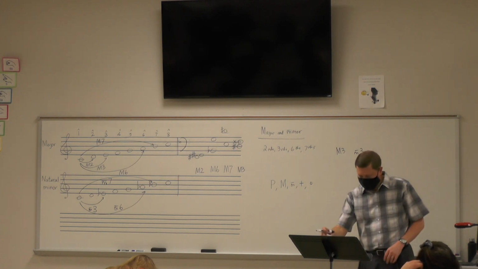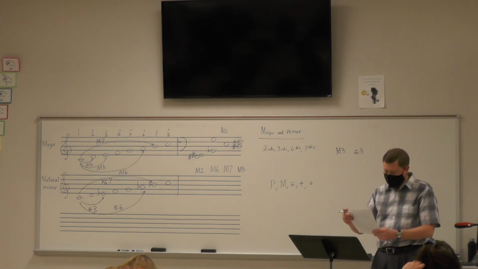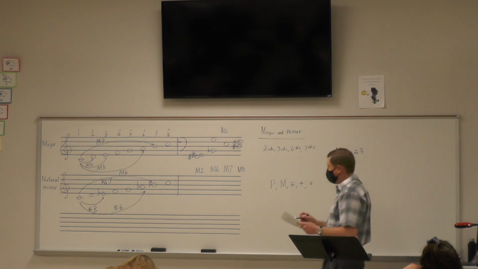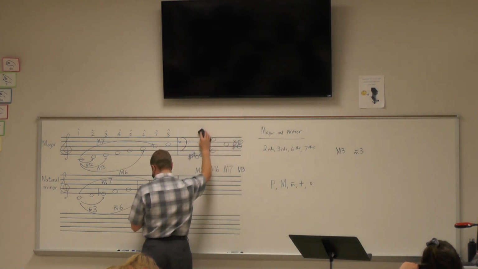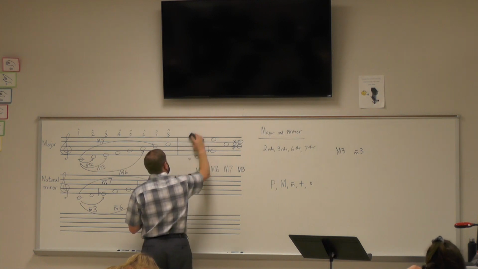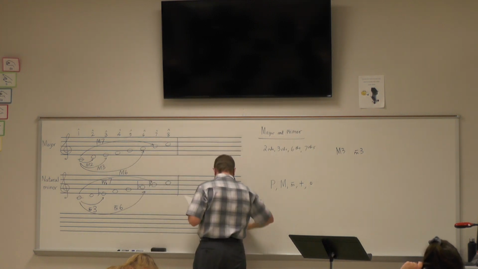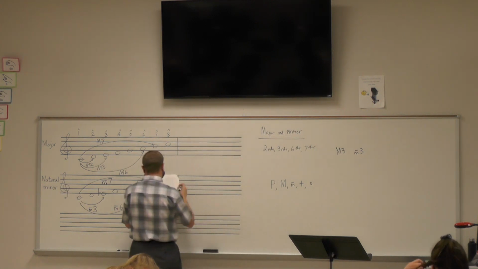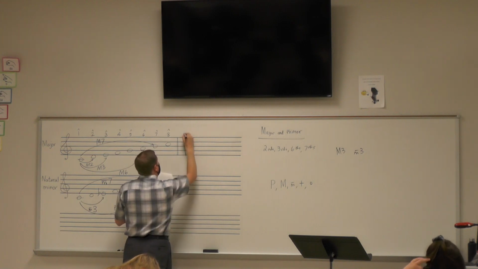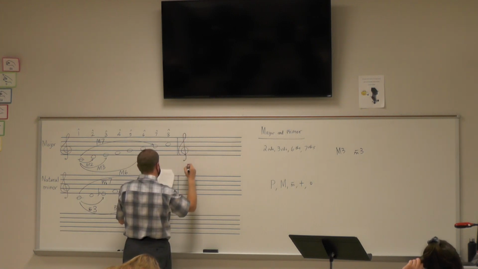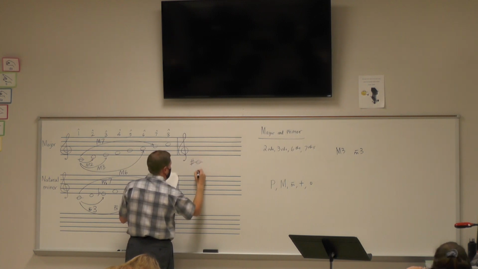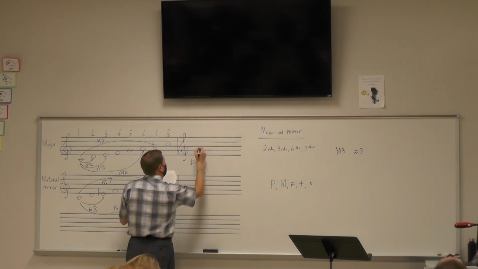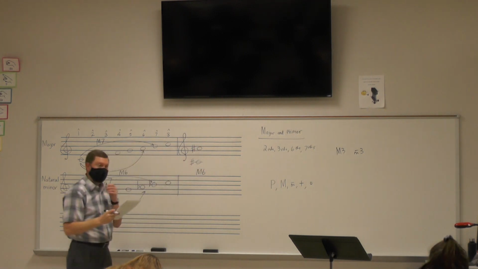So let's try spelling a few minor intervals using what I just said. I'll go back to treble clef. Let's say I've got C sharp, and a major sixth above C sharp is A sharp.